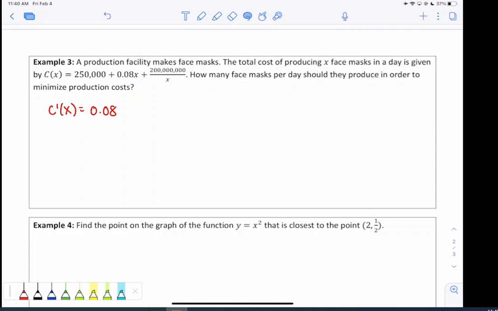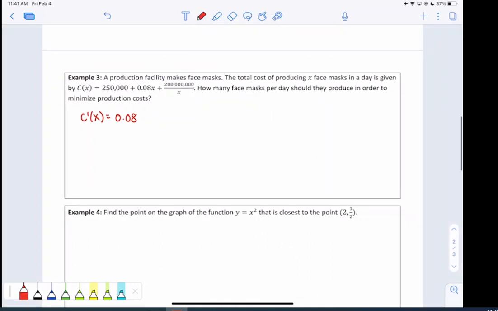Okay. Oh, what about this? Yeah, I can either use my quotient rule, or since I don't have a variable on top, I could rewrite this guy as 200 million x to the negative 1.